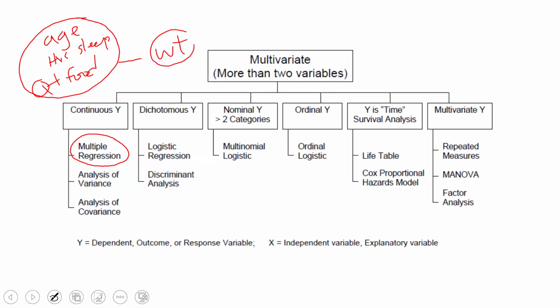If it was a linear regression, I would be talking about only one variable, maybe age and weight. But multiple connotes that you have more than one independent variable. You can also use analysis of variance when you have multiple variables, and analysis of covariance. Those ones are not for us at this level.